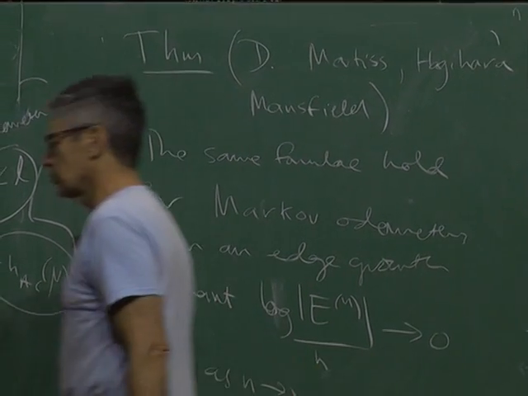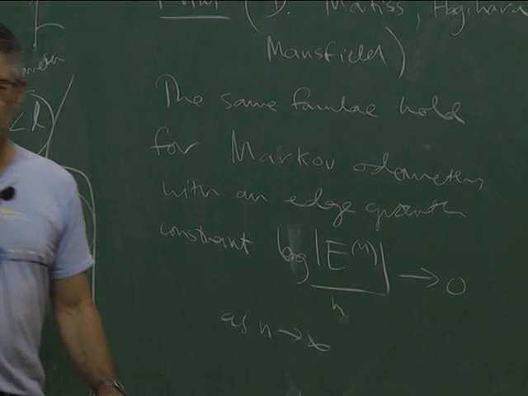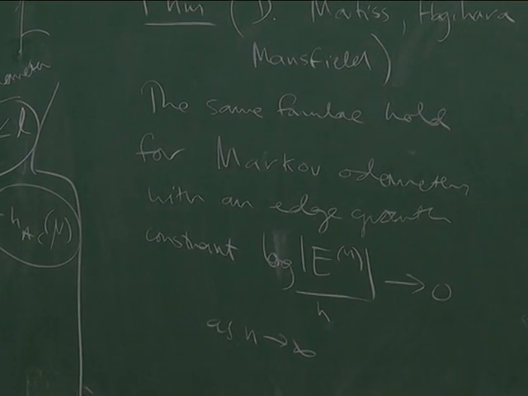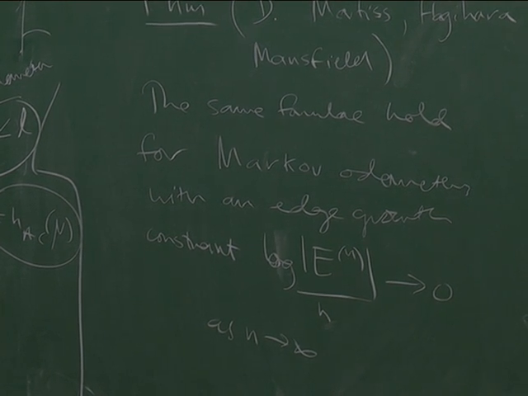I think I started at 11:30, and I therefore have 3 more minutes, in which case I'd like to tell you another result, which is a little bit like the Ornstein result.